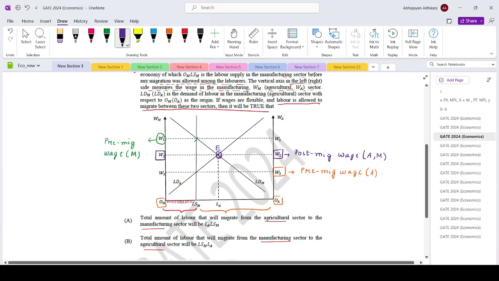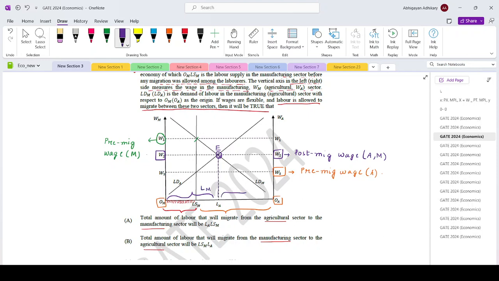Okay, so given that the wages in the post-migration scenario would be settled at W2, if you come down, exactly this much amount of labor would be coming to the manufacturing sector, and this much amount of labor will continue to stay in the agricultural sector.